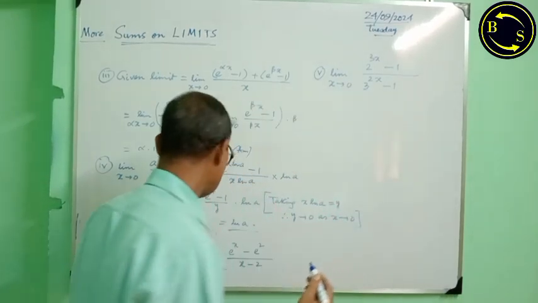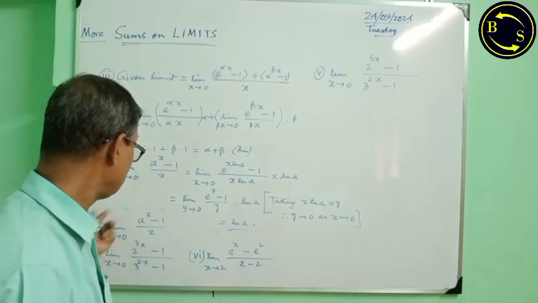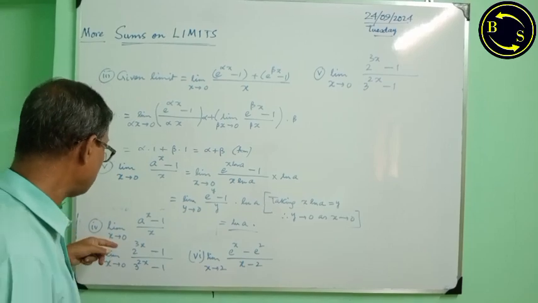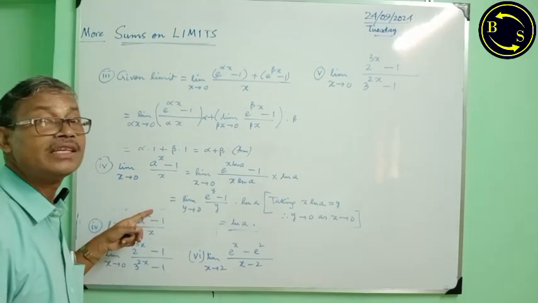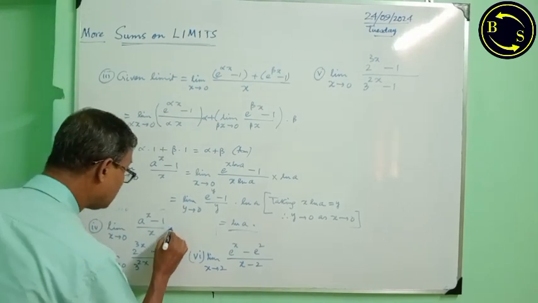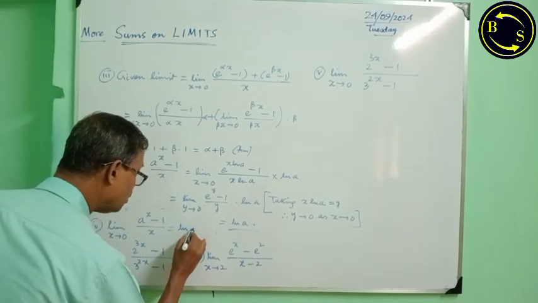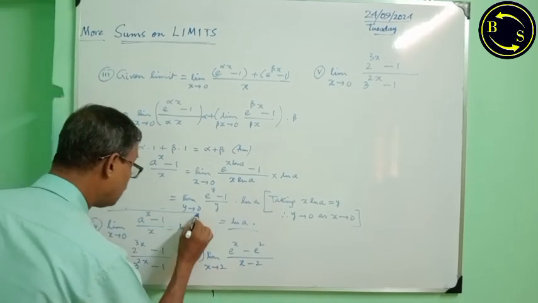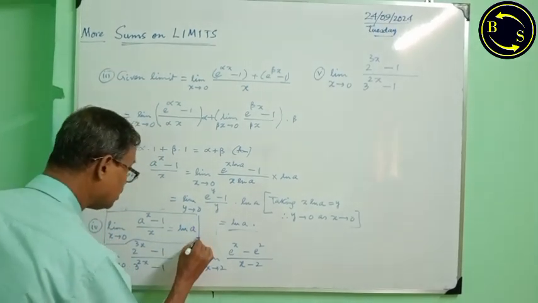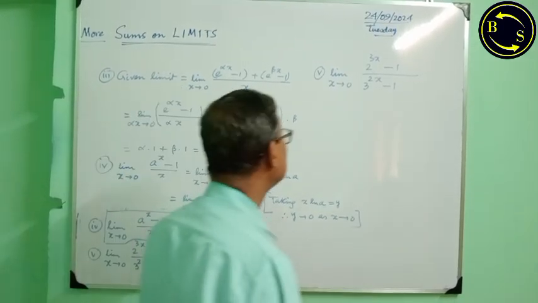Now I shall use here this standard form, log of a, limit x tends to 0, a to the power x minus 1 divided by x. This one will be treated after this as standard limit.